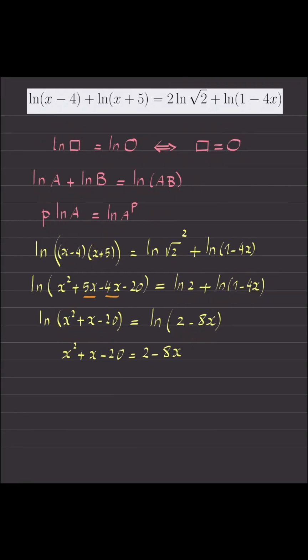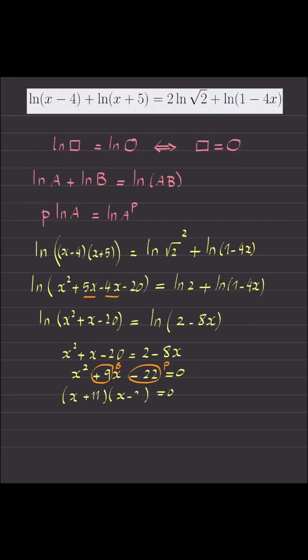I move everything to the left, so x squared plus x plus 8x becomes plus 9x, and 2 moved to the left becomes minus 2, so it becomes x squared plus 9x minus 22 equals 0. You can use either the PQ or ABC formula, but in this case it is easy to use factorization, because guessing two numbers whose sum is positive 9 and whose product is minus 22 is easy. One of them is plus 11, the other is negative 2.